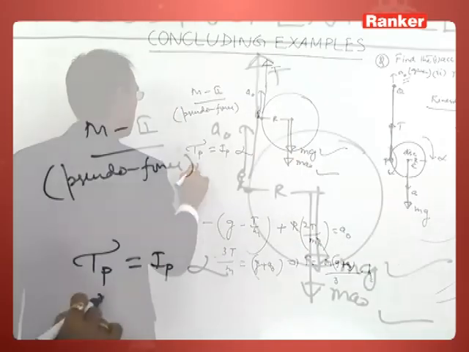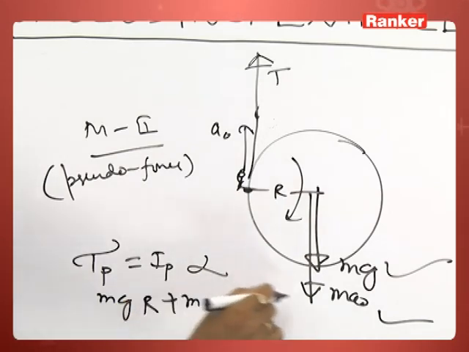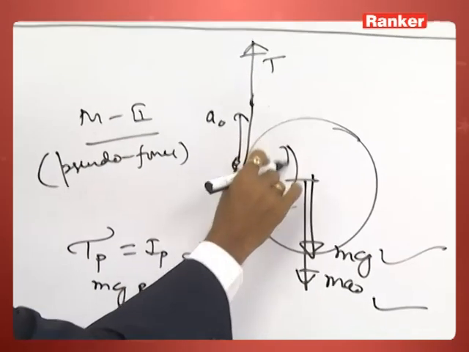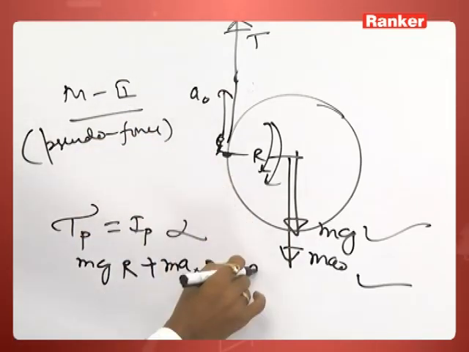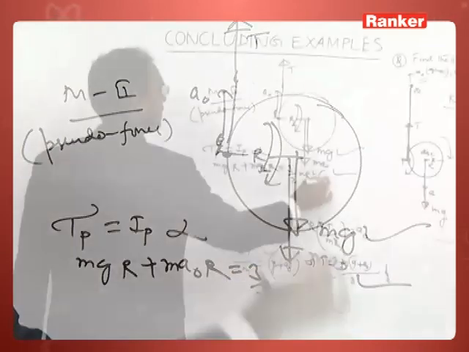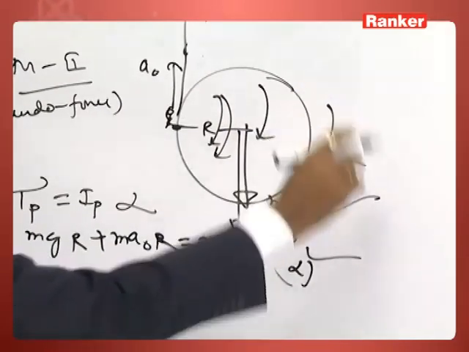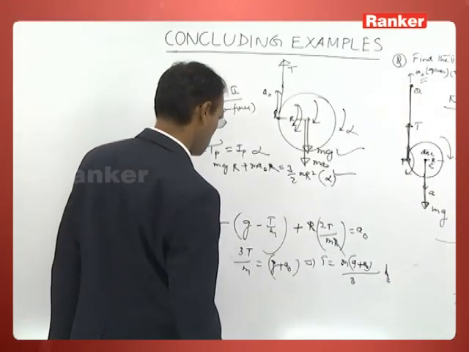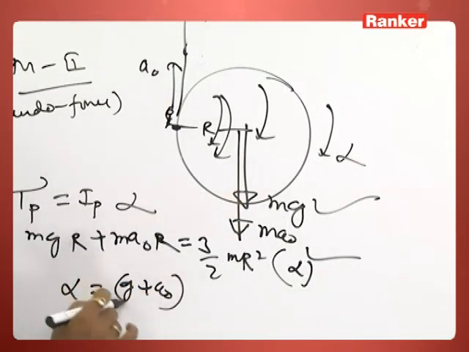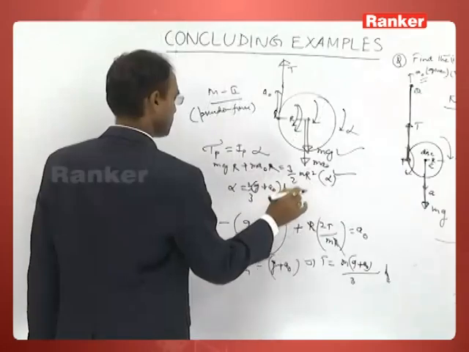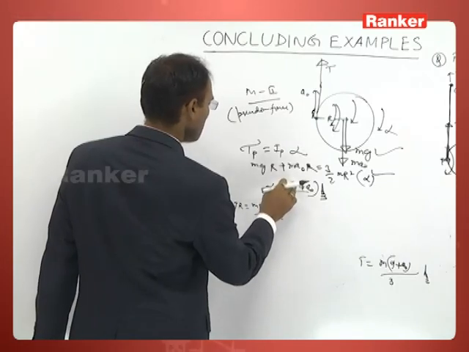Tau p is equal to mg into r in this direction, plus m A naught into r in this direction, is equal to Ip, 3 by 2 mr square, into alpha in this direction we have assumed. So we are getting alpha is equal to 2 by 3 into g plus A naught by r. Answer.